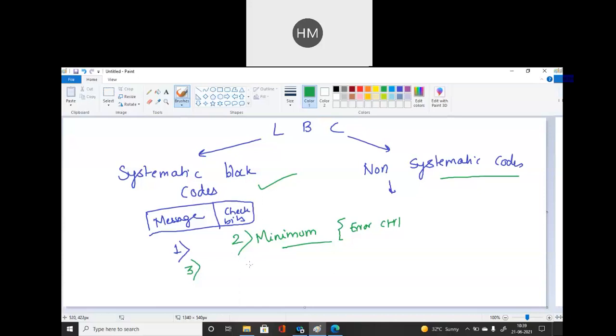So error correcting and detecting. Now the first part of this is matrix representation. So these are the designing steps. Moving ahead.